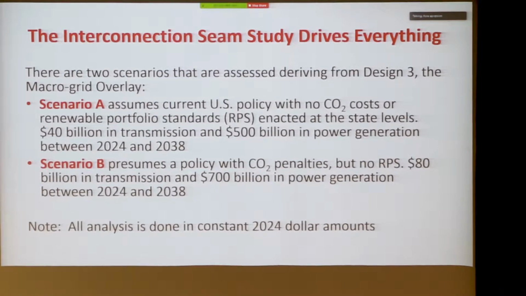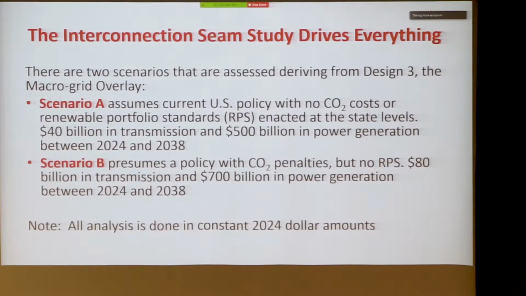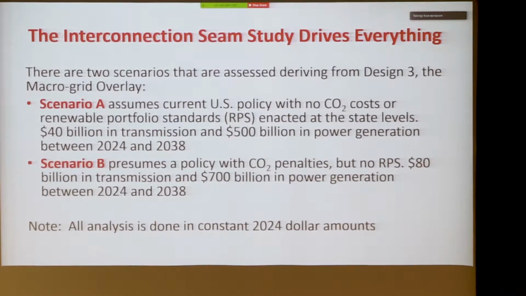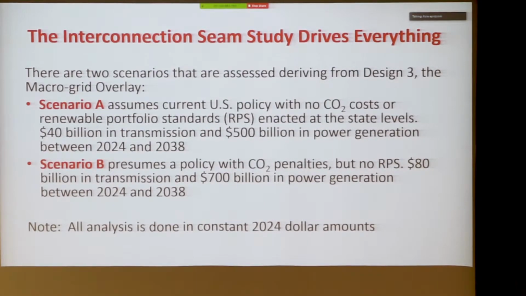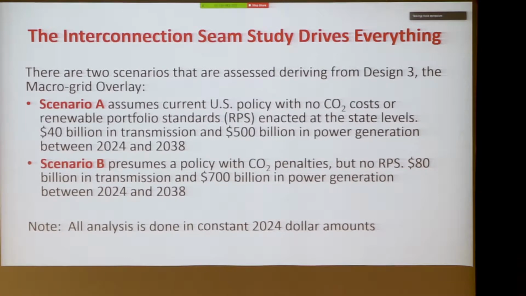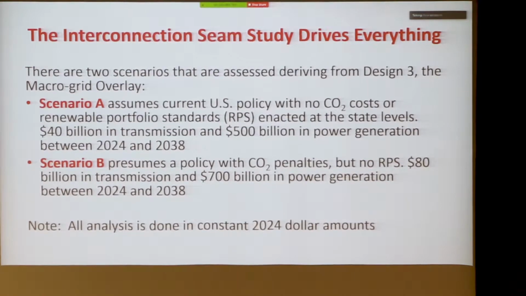As we learned already today, we have two scenarios. Scenario A is current policy. Current policy assumes no CO2 penalties and no renewable portfolio standards. $40 billion in transmission, $50 billion in new investments in energy generation.